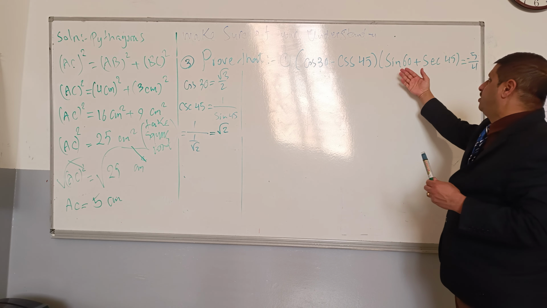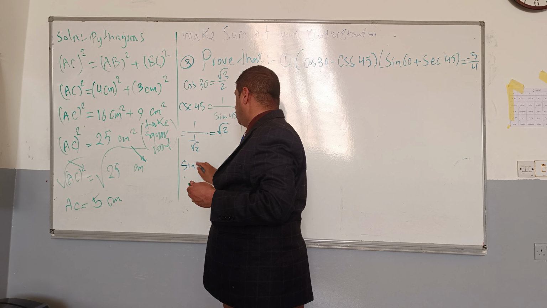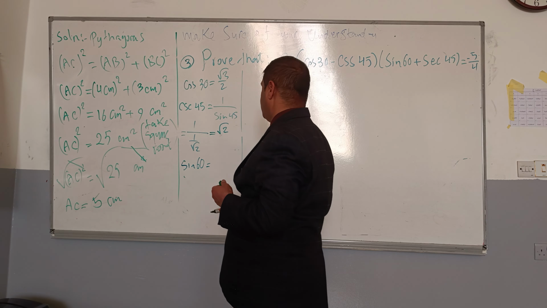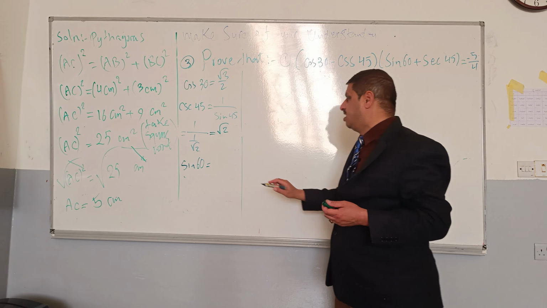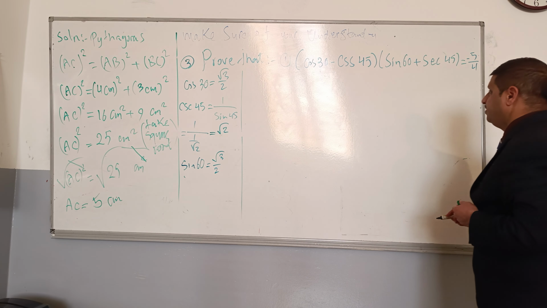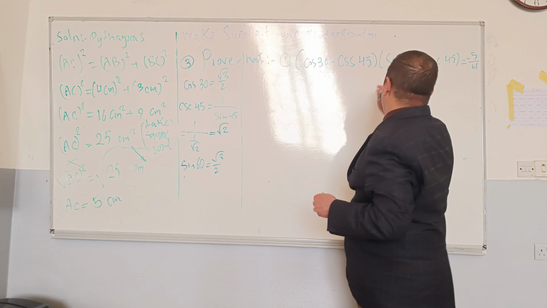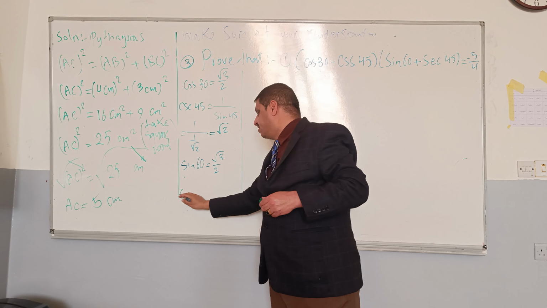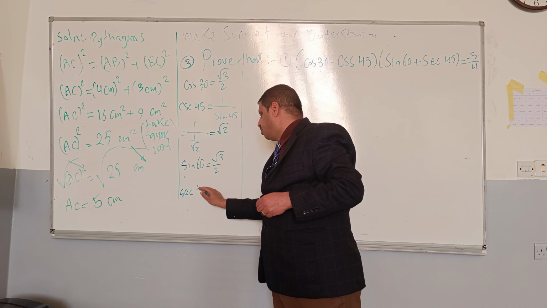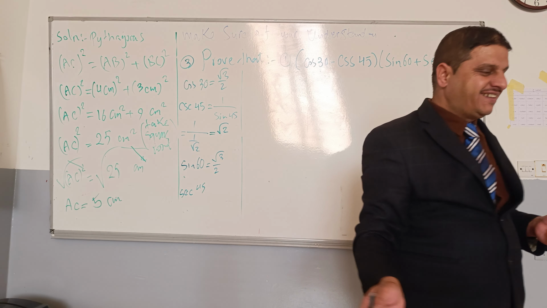Now I will calculate these quantities. Sine of 60 is the same as cosine of 30, also square root of 3 by 2. Okay? Now, secant of 45. I don't have a direct secant.